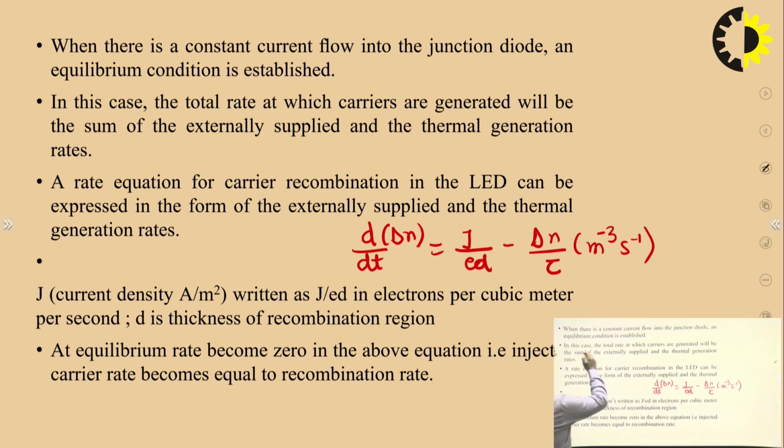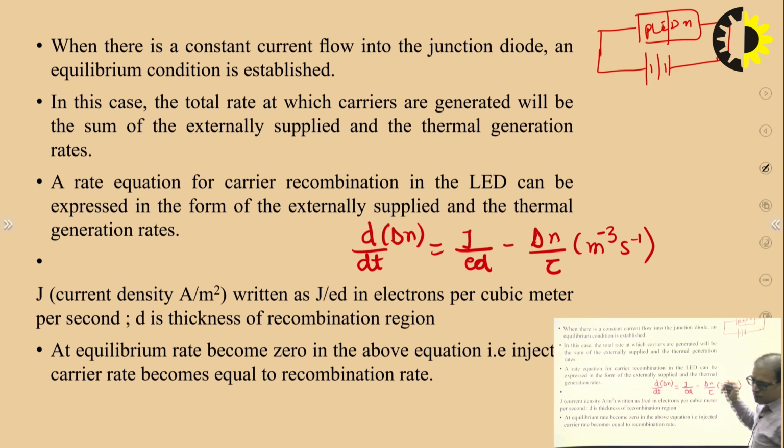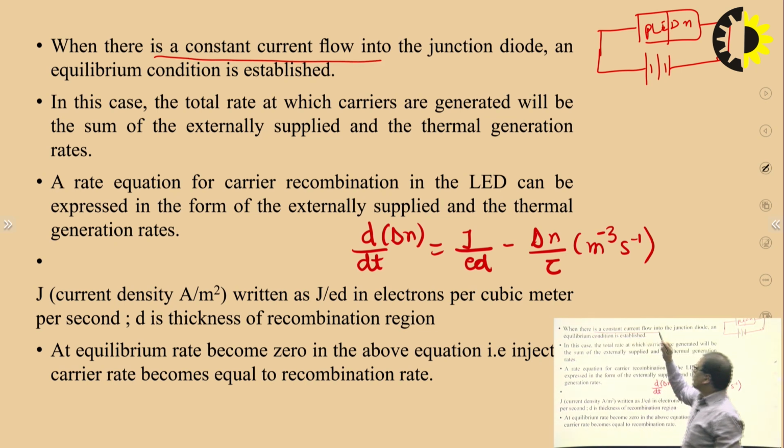If I am providing forward biasing to this LED with p and n, there will be a constant current flow into the junction and the equilibrium condition is maintained after some time.